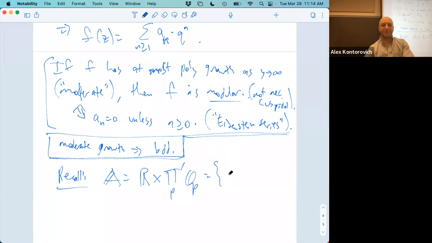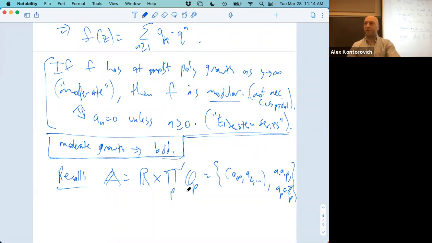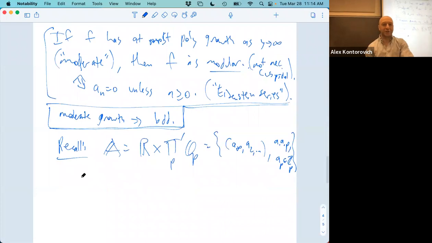So this is the set of A infinity, A2, and so on, where for almost all primes, A_p is in the maximal compact subgroup of Q_p, namely Z_p. The rationals are discrete. I'm reminding you of things that we talked about in great detail, but it was long ago, so maybe it's not a bad idea to have a refresher.